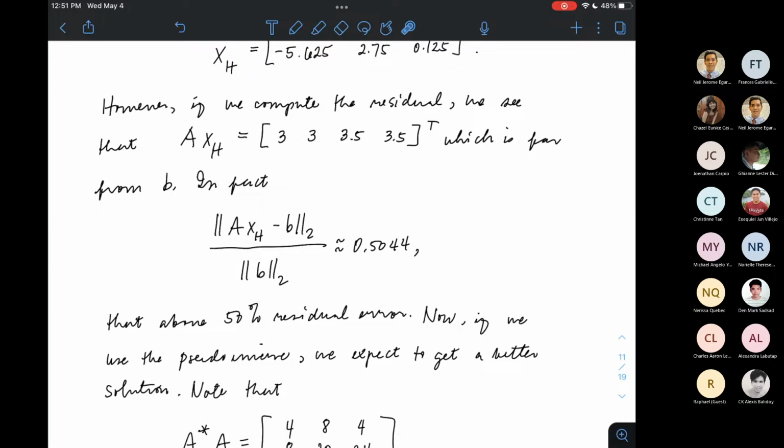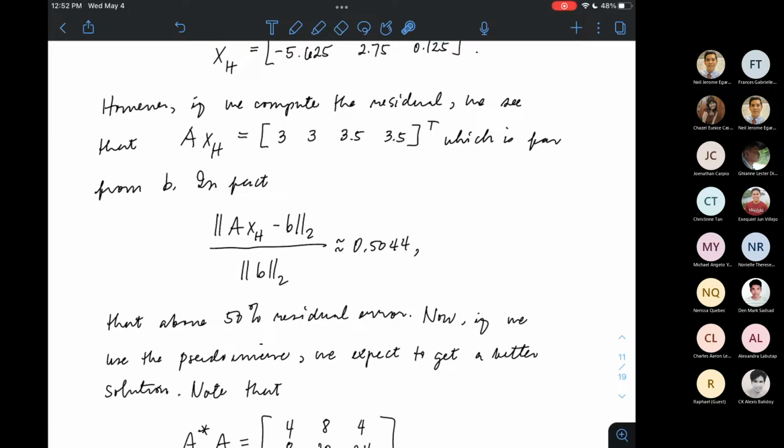Parang visually, mukhang ang layo nung nakuha kong product mula kay B. Alright? And if you will compute the relative error, you will see that this norm or this quotient here is around 0.5. So meaning meron tayong above 50% na residual error, residual L2 norm. Pero yeah, so we can take a look at ano pa kaya yung pwedeng maging solution dito.